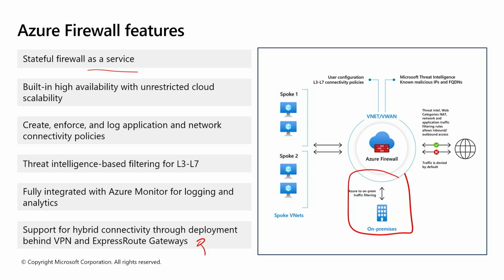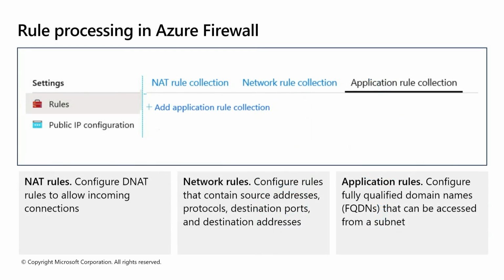All right, features, all of that aside, let's dive into the nitty-gritty. We need to talk about the different types of rules that are available in Azure Firewall, because this makes a big difference to how your things are going to be processed. Azure Firewall has 3 different rule types. The first is a NAT rule. This is a network address translation rule collection.